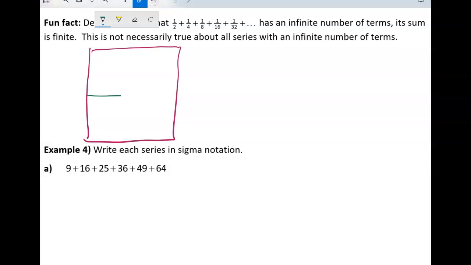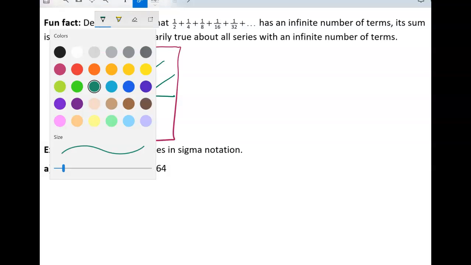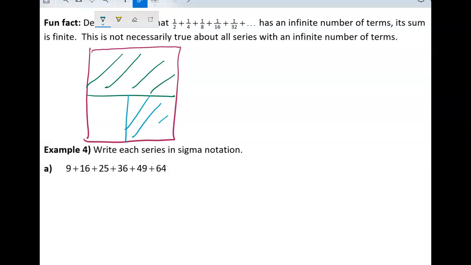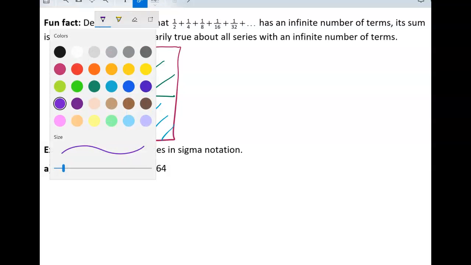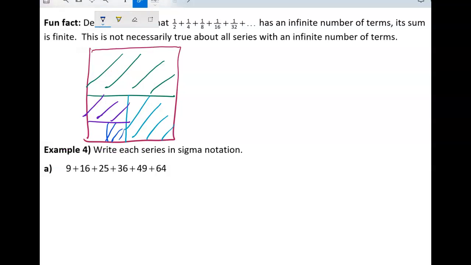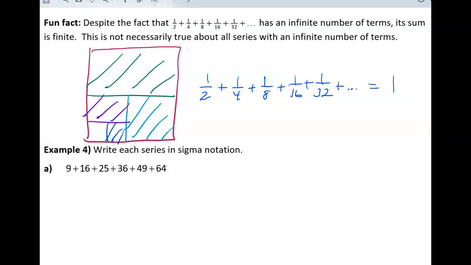So what I'm adding is 1/2 of the square, shade that in, plus 1/4 of the square, plus 1/8 of the square, plus 1/16 of the square, and you kind of see where this is going. If this process continues indefinitely, we'd eventually be moving toward having that entire square filled in. So what this illustrates is that the sum 1/2 plus 1/4 plus 1/8 plus 1/16 plus 1/32 plus etc. actually equals a finite sum of 1.